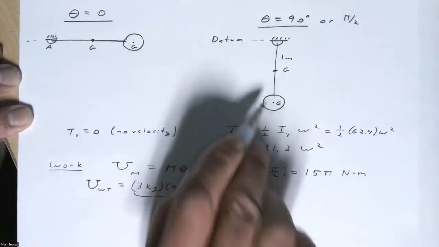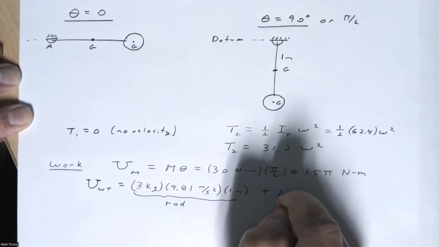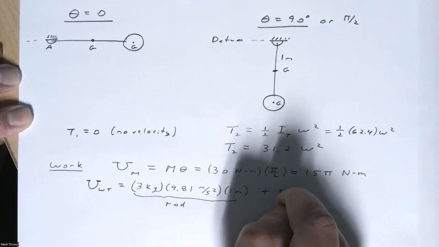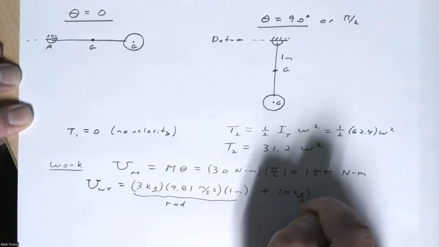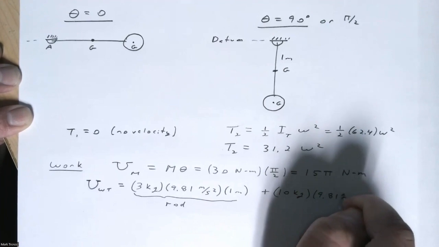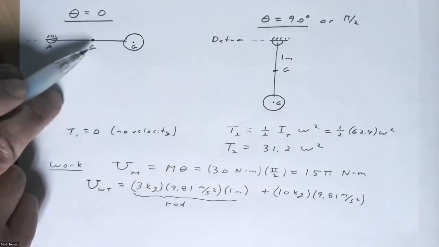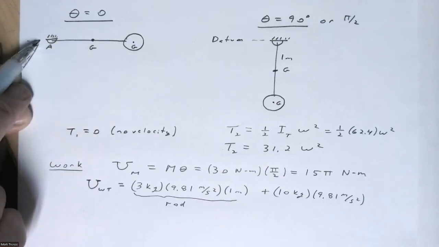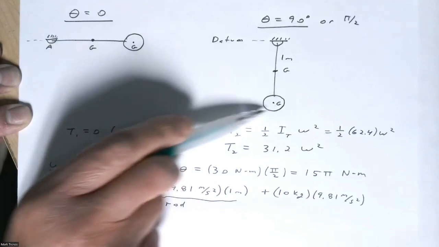And then for the disk, it was, what do we say, 10 kilograms. And it started up here again at the datum line at 0, and it's moved all the way down here.